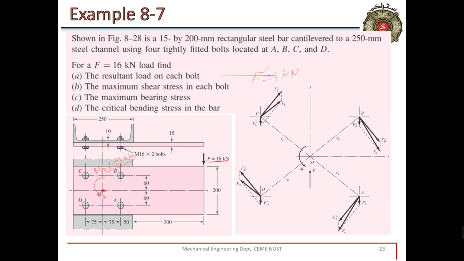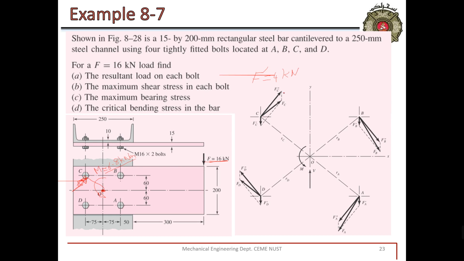Because it is a resistive moment, the resistive force will be like this on each bolt, but the force acting on the bolt will be in the opposite direction, as I have already explained when I was explaining direction of forces.